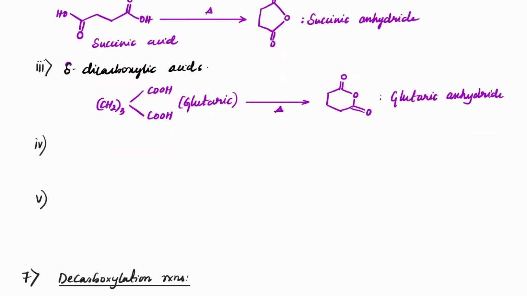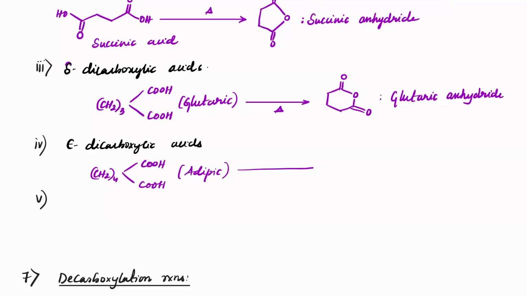Next, if we have epsilon dicarboxylic acids, that is, if you have CH2 4 times, and then we have COOH and COOH. We call this adipic acid. If you heat adipic acid, now 6-membered is already done.